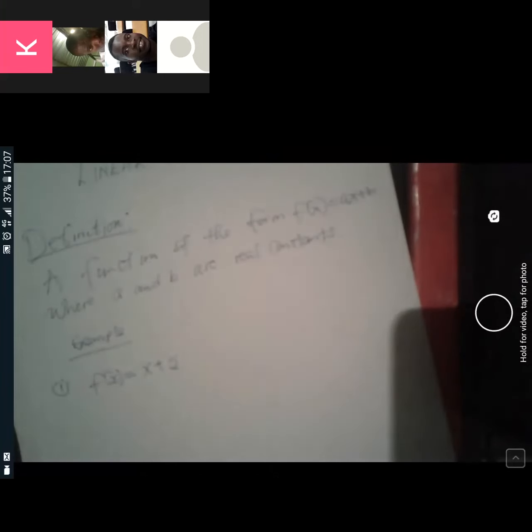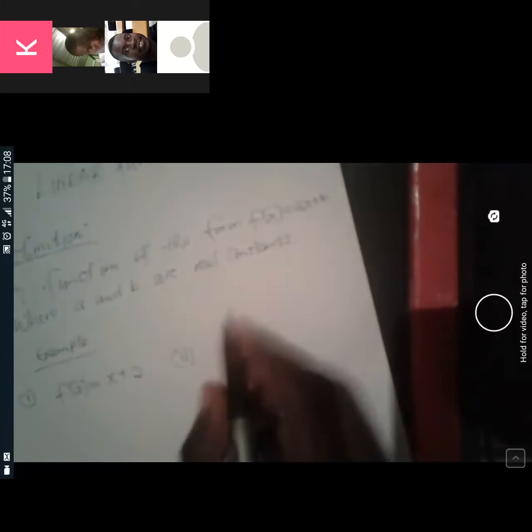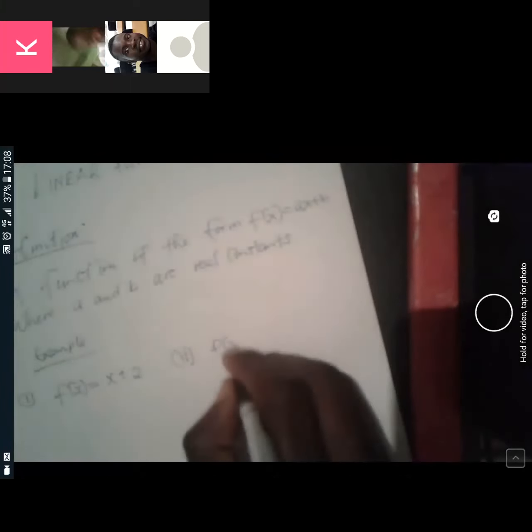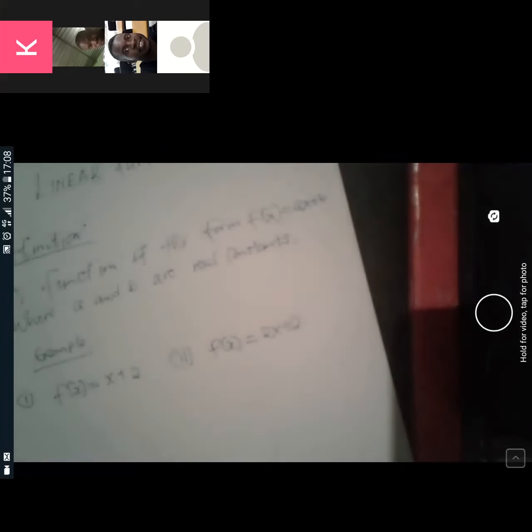So this is a function of x, which is a linear function. So something like this one is also a linear function. That is another example of a linear function. So as simple as that.